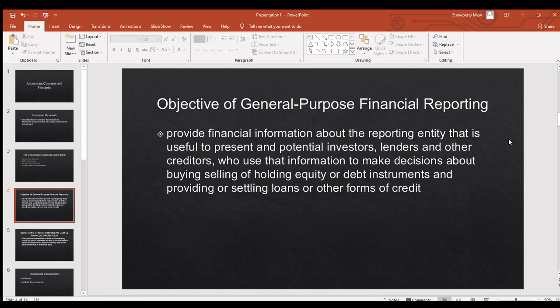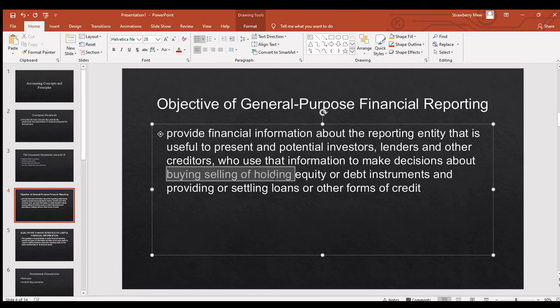Okay, so these decisions may include the selling or holding of equity or debt instruments. Okay, or another decision is either to provide or sell loans or other forms of credit. Okay, so they will be deciding kung mag invest ba sila or kung magpapautang ba sila sa business na ito.